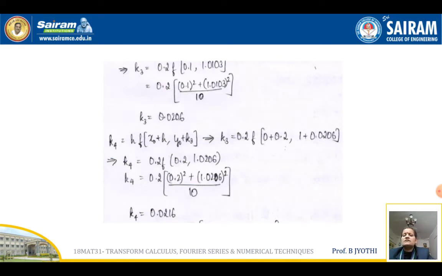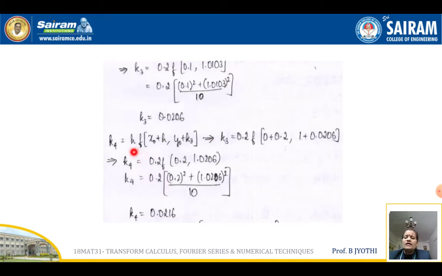So what is the k3 value? K3 is computed as 0.2 into (0.1 squared plus 1.0103 squared) divided by 10. That gives us k3 as 0.0206.